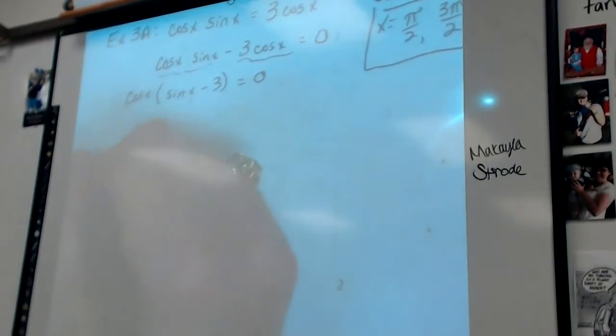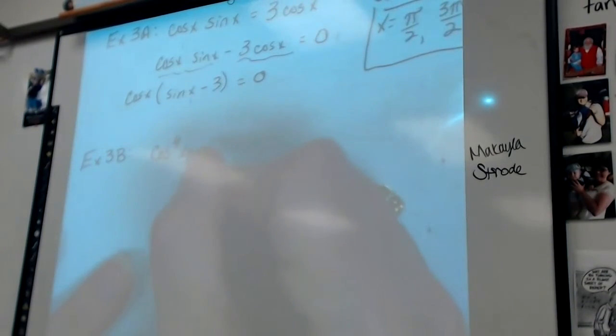Example 3B. Cosine to the 4th x plus cosine squared x minus 2 equals 0.